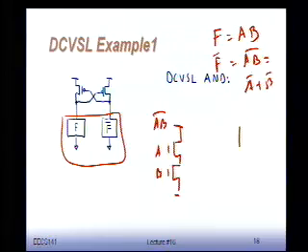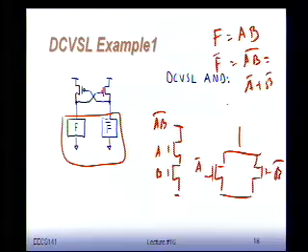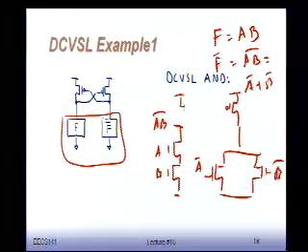On the other side, I put two NMOSes in parallel, and have A bar here, B bar here, connect them to this PMOS transistor, another PMOS transistor, and I cross-connect them, and we're done. And this is AB.